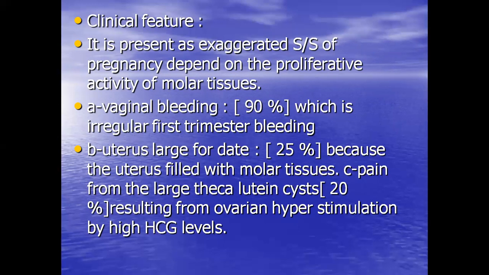Also pain from large theca lutein cysts in 20%. Why? This occurs from ovarian hyperstimulation by a high level of HCG. Because HCG is secreted from trophoblast cells, and because of the increased trophoblast cell number there will be an increased level of HCG.